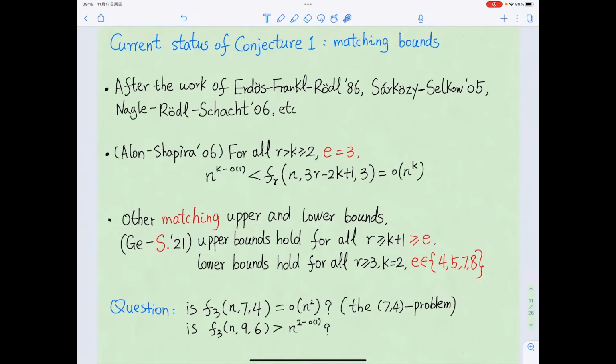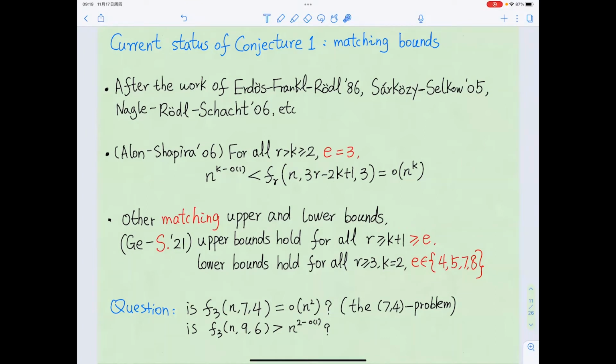For example, Erdős, Frankl, Rödl, Sárközy, Ruzsa, Szemerédi, Nagle, Rödl, Schacht, and many others have proved conjecture 1 holds for some other sets of parameters. Based on their work, up to now we know that conjecture 1 is true for the following two sets of parameters.